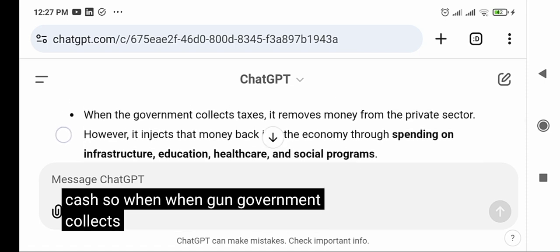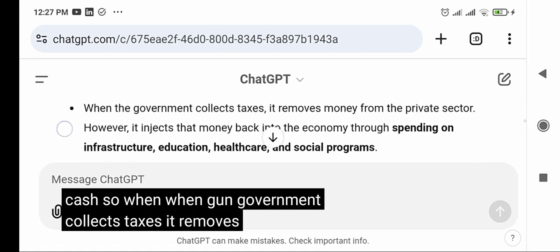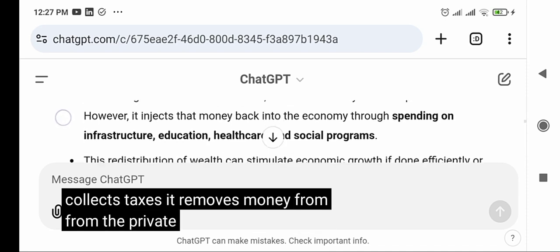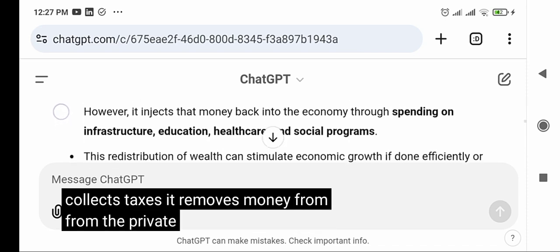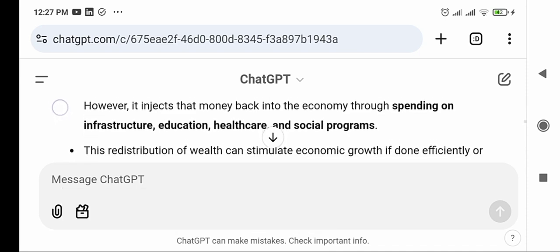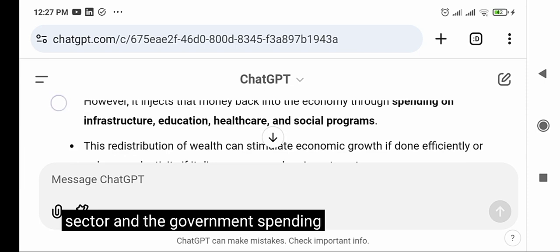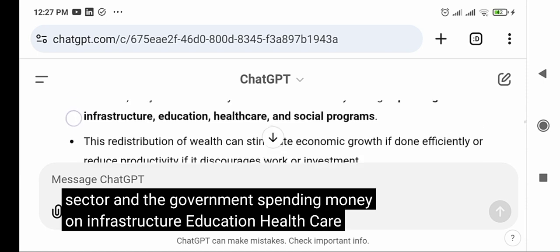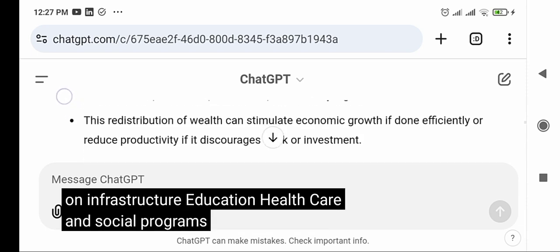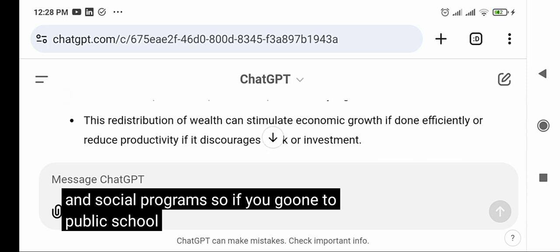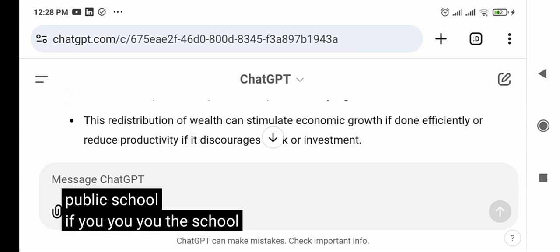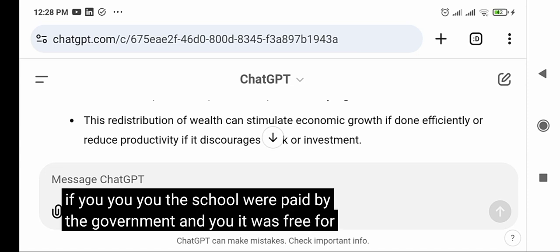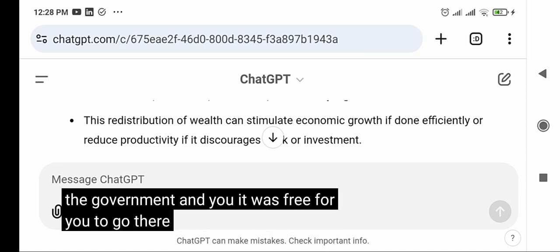When the government collects taxes, it removes money from the private sector. And the government spends money on infrastructure, education, healthcare, and social programs. So if you went to public school, the school was paid for by the government, and it was free for you to go there.